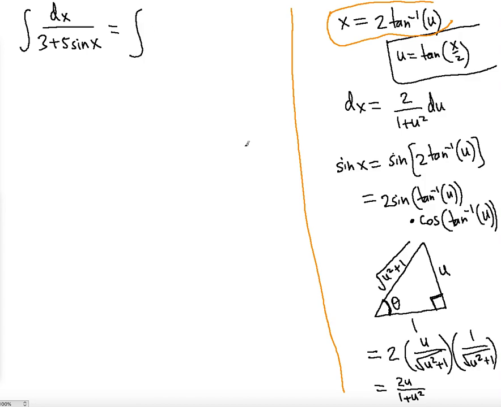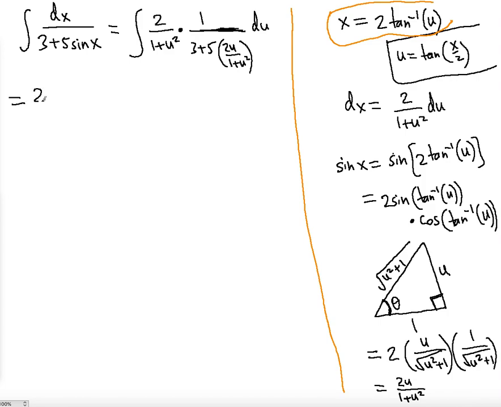Now we're going to get what? dx is this, 2 over 1 plus u squared. Let's leave the du until the end. And this is 1 over 3 plus 5 times sine x. Sine x is this, 2u over 1 plus u squared du. Right, so now what are we going to have?